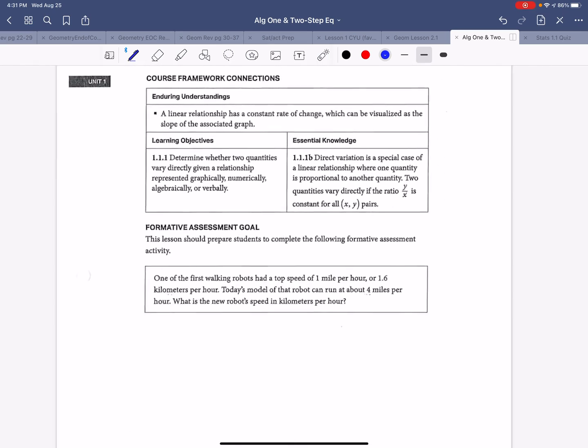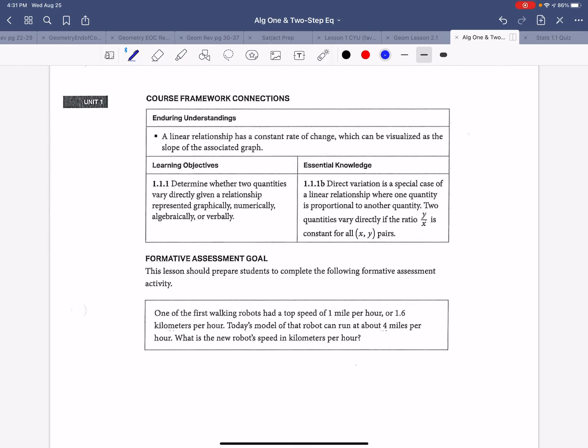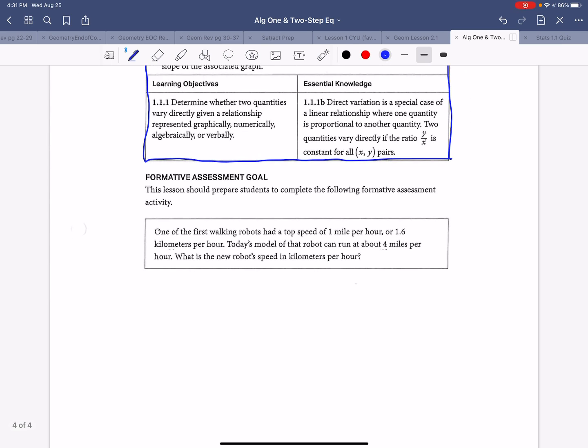So this is our question, and these are actually just our learning goals. You can kind of read over those. This was what they were hoping for you to learn during the activity. The lesson should prepare the student to do this activity.